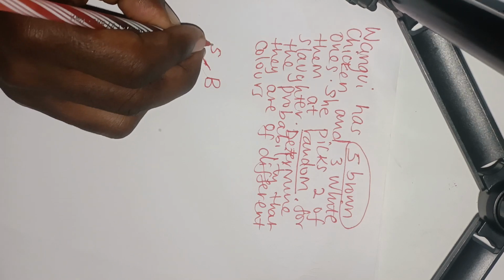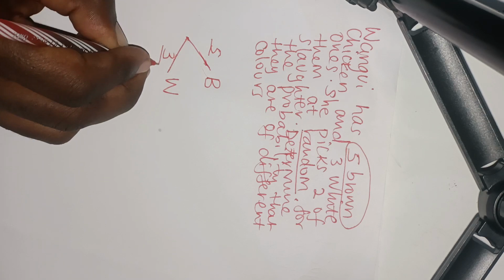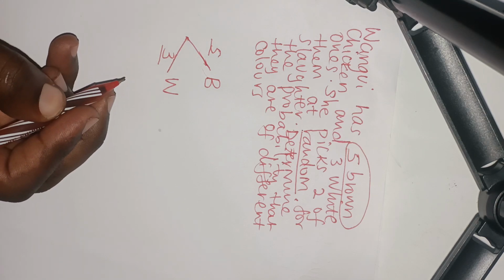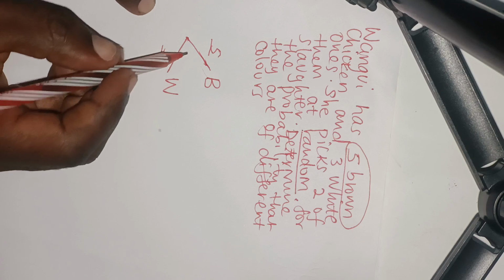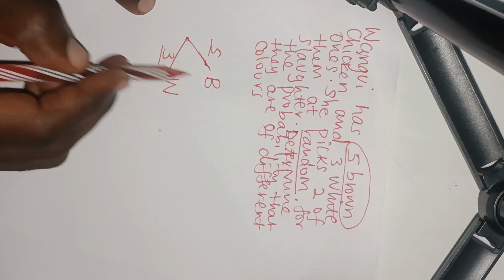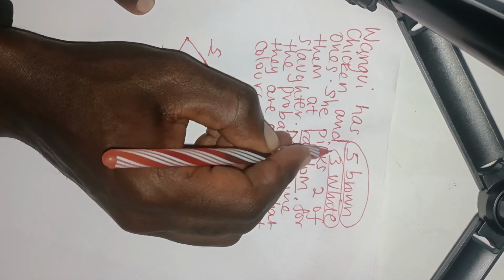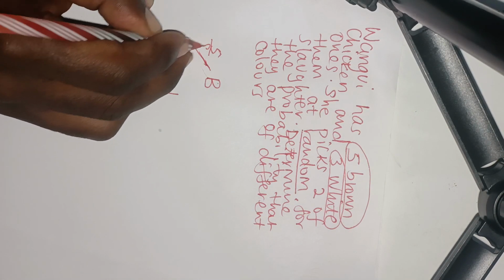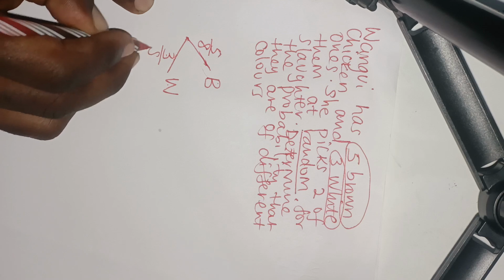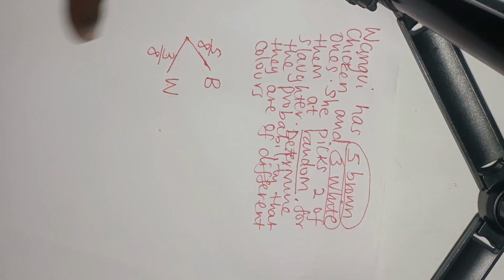So we are going to say out of, because there must be a total number for the chicken this person has. So if the person has 5 brown chicken and 3 white chicken, and as far as what the question is telling us is concerned, then you're going to have a total of 8 chicken. So our denominator is always going to be the number that tells us more about the total number of whatever is getting talked about in the question.